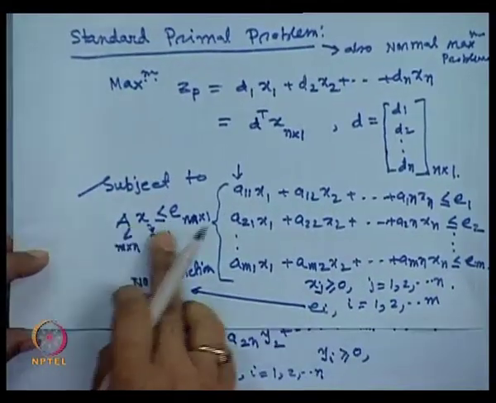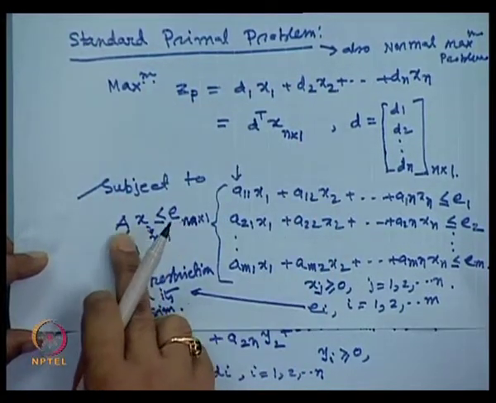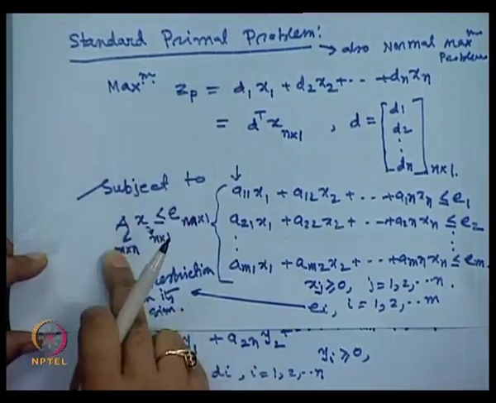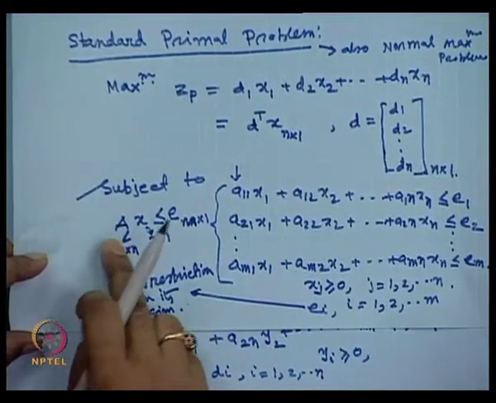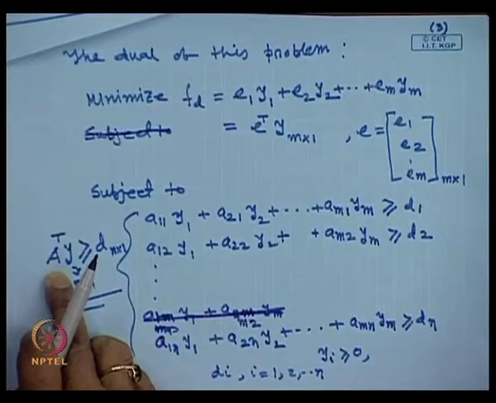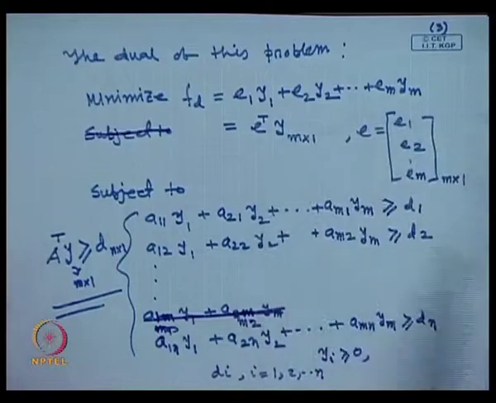The coefficient associated with x in the standard primal problem is a matrix. If you take the transpose of that, it will give you the coefficient matrix of the dual problem. This is the third observation we have seen.